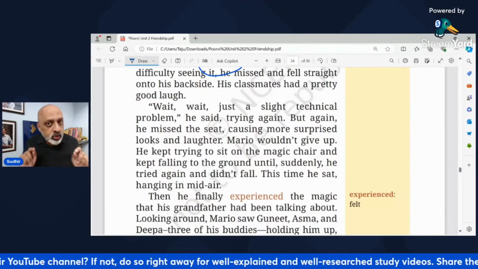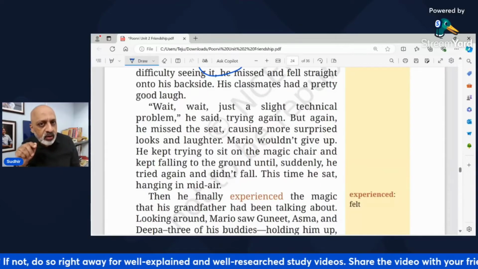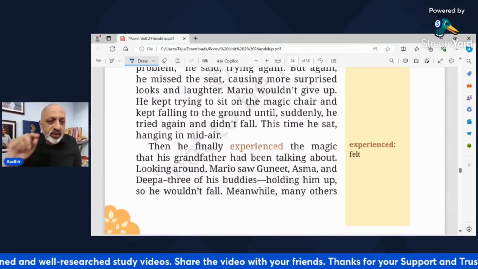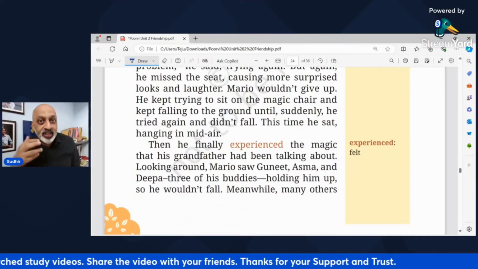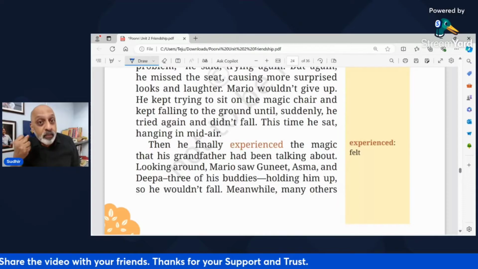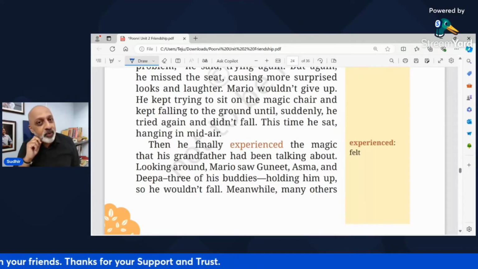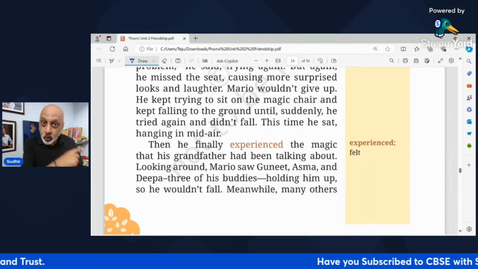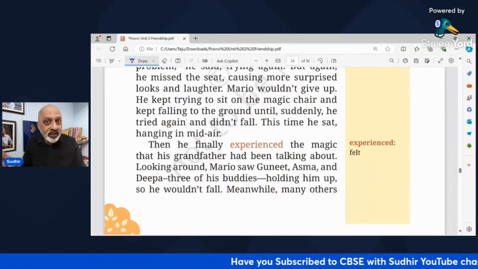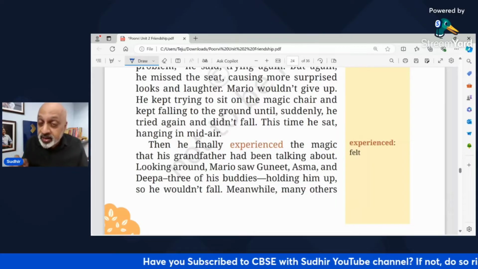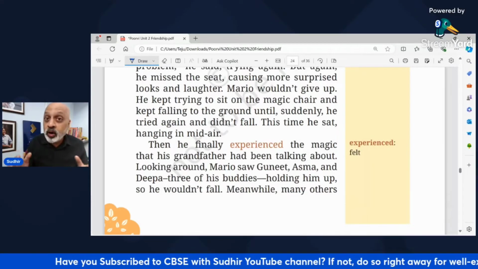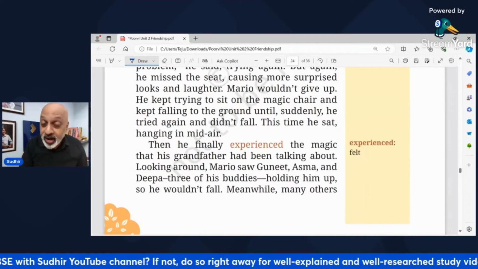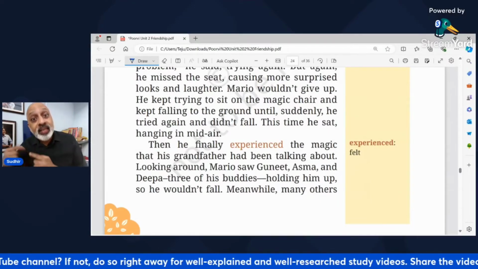Right? So he realizes that he's now hanging in midair. How did this happen? Then he finally experienced the magic that his grandfather had been talking about, because he looked around and Mario found that Gunit, Asma, and Deepa, three of his buddies, an informal word for friends, were holding him up so that he would not fall yet again.